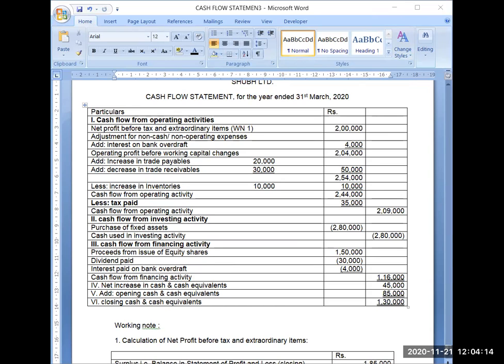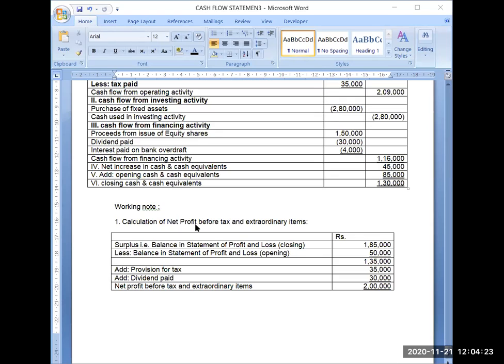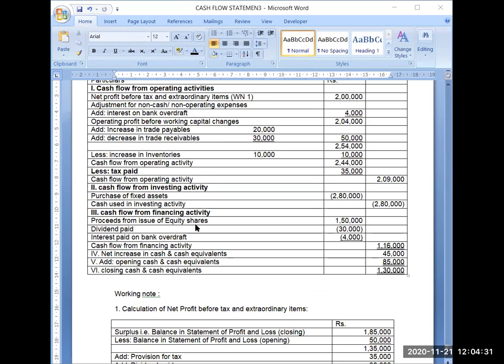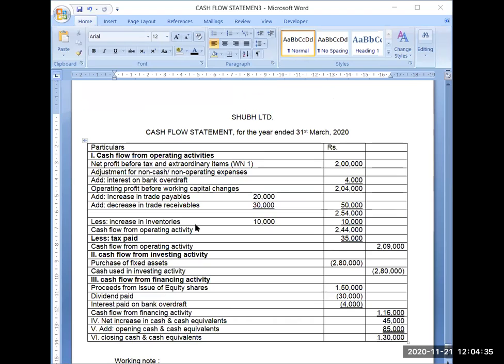Now I hope the whole process of preparing the cash flow statement has been told. But it needs a lot of practice, and you will find a lot of adjustments in your books. You may get some doubts also, which you can ask me as and when you get them. But learn how to present the answer, how to write things.